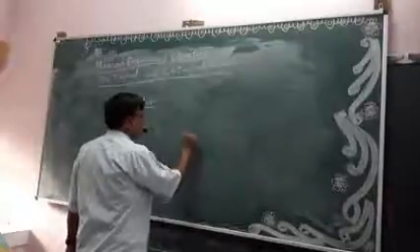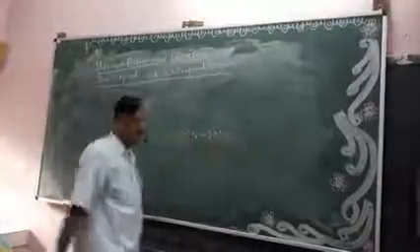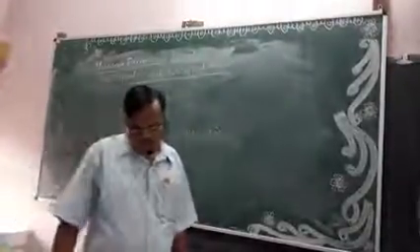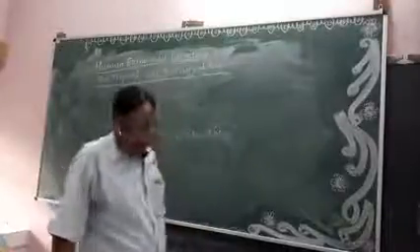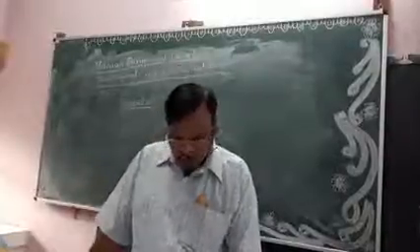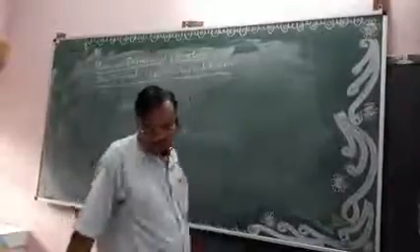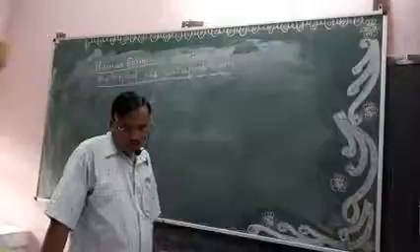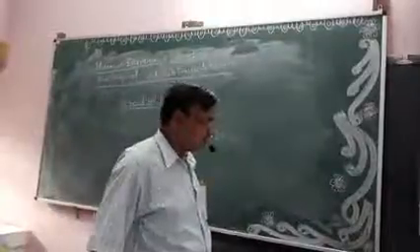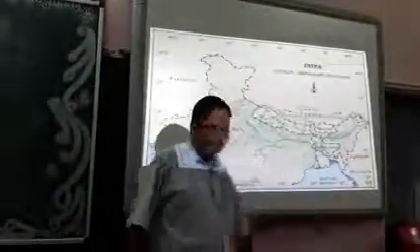This lies between 10° north latitude and 30° north latitude. I told you about tributaries like Ghagra, Gandak, Kosi, Son and Chambal. These tributaries join the Ganga river and form the basin.